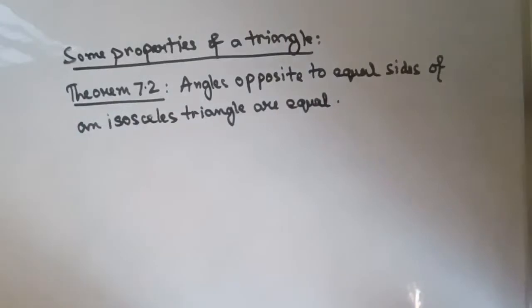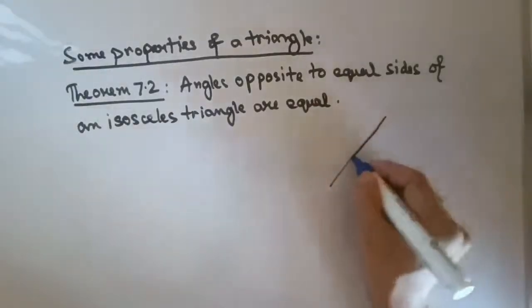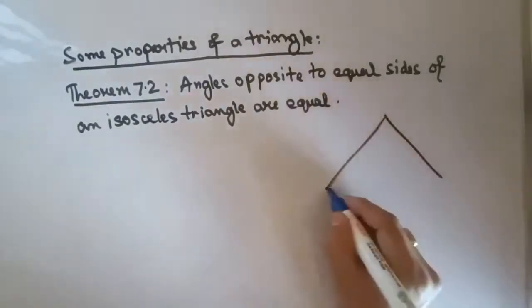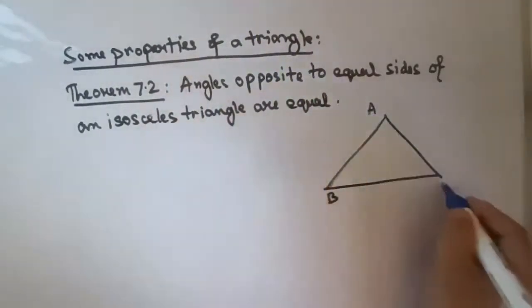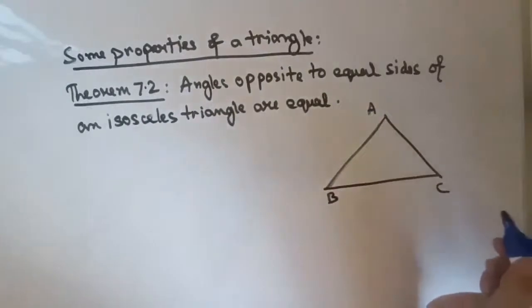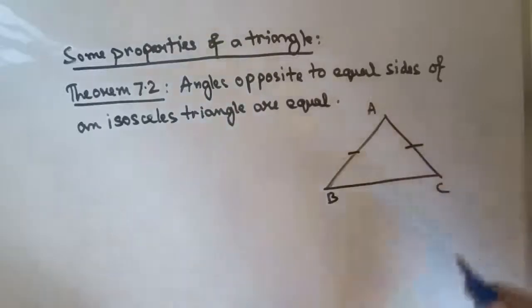Now let us learn Theorem 7.2, which comes under the heading Some Properties of a Triangle in your textbook. The theorem states that angles opposite to equal sides of an isosceles triangle are equal. Suppose triangle ABC is an isosceles triangle in which AB is equal to AC.